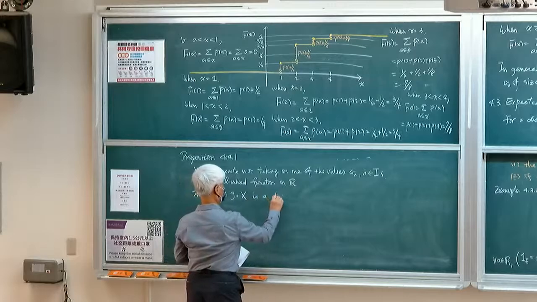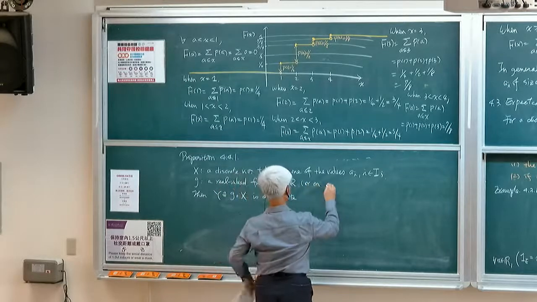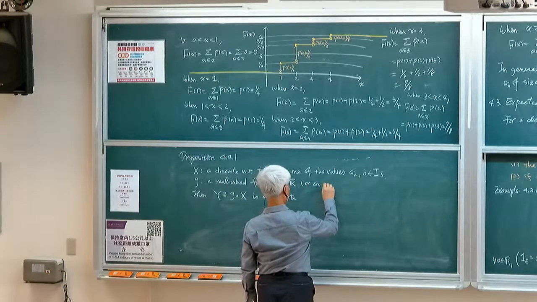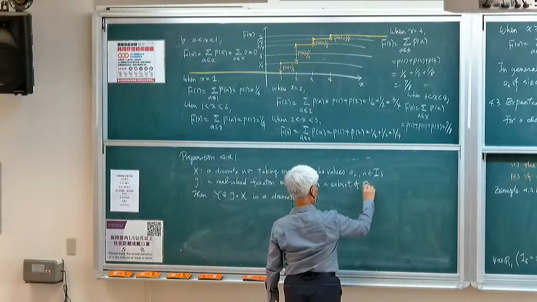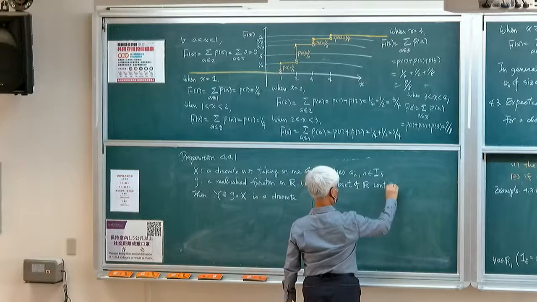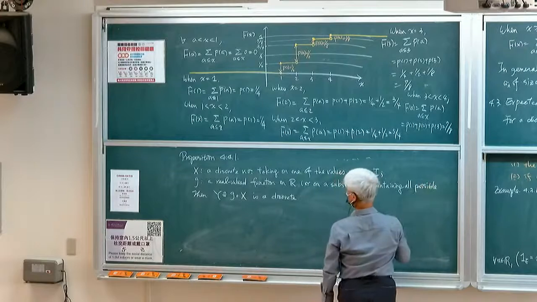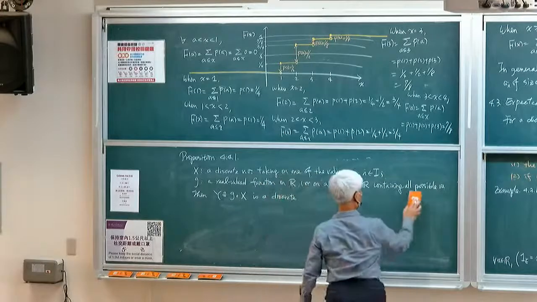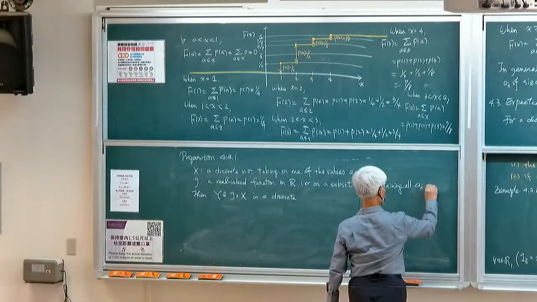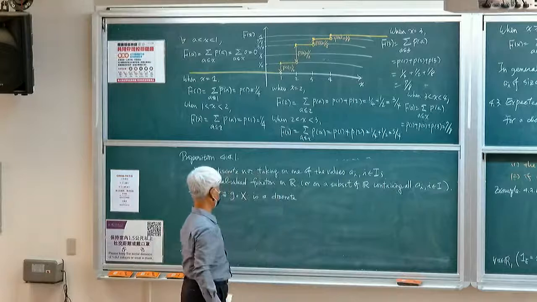It's a discrete random variable. The domain of G should be a subset of R containing all possible values AI.